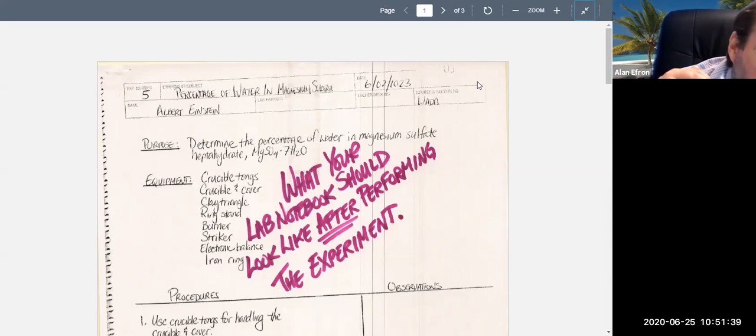But in the typed lab report, the procedure and all that should be in paragraph form, kind of sentence form, and that type of structure. So it is essentially the same thing in both places, but really the 2 main differences is the lab notebook is really your record when you're performing an experiment. So it's the record of what you saw, what you did, and what you recorded as being important as you were actually doing the experiment.